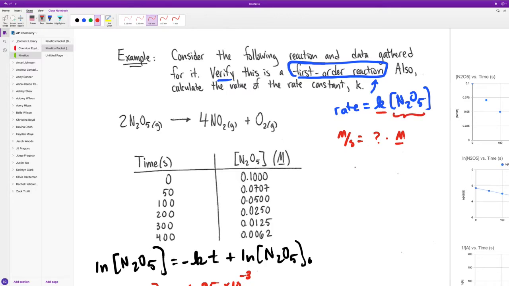Well, k must have units of per second. The k times molarity from this gives us molarity per second. So that must be the units for k.